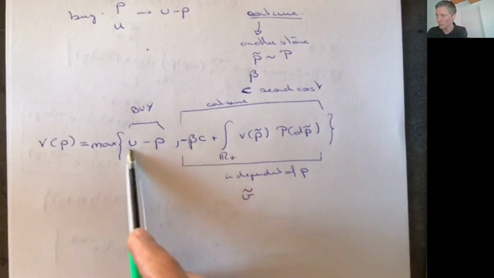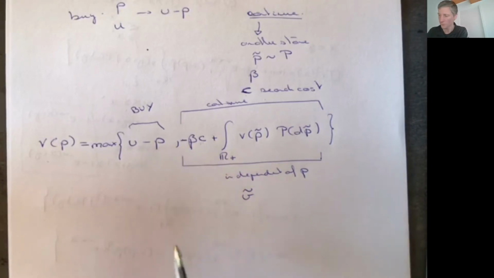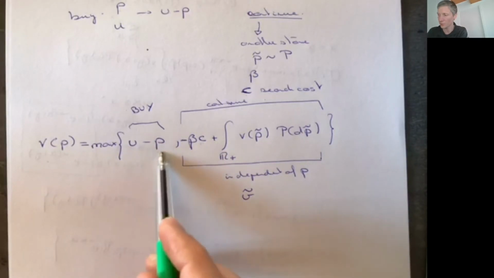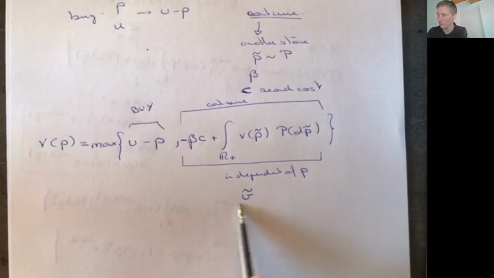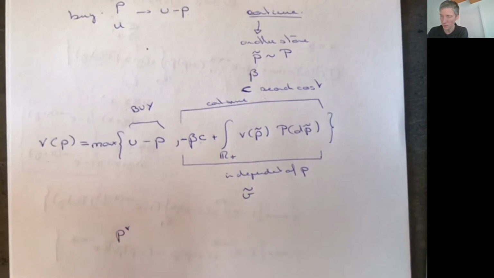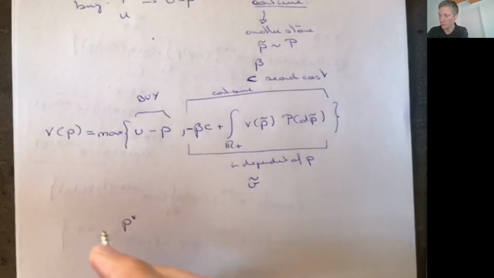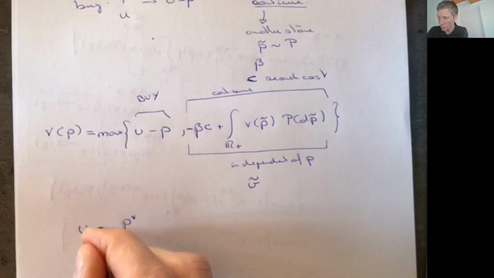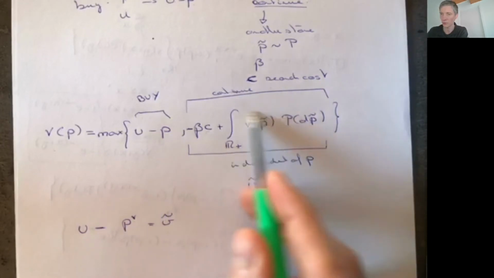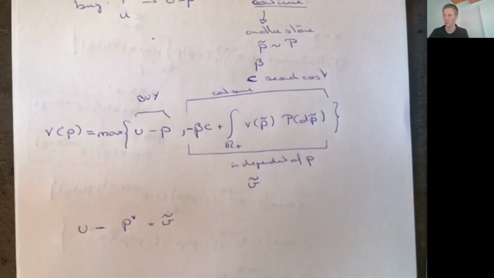So this here is decreasing in P, and this is a constant number, so there will be a unique price at which buying and waiting give you the same payoff. Let me call this price P star, at which you're indifferent between buying and continuing. It satisfies U minus P star equals V tilde, where V tilde is just this fixed number here.